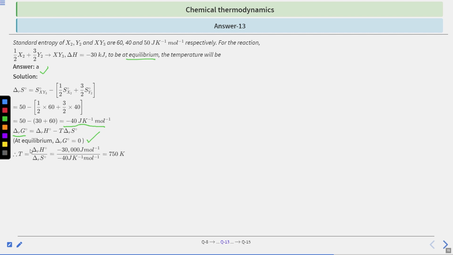So T will become del H naught upon del S naught. On putting the values, we have 30 kilojoule given in the question. So converting into joule, we have 30,000 joule mole inverse divided by 40 joule Kelvin inverse mole inverse. And T will be 750 Kelvin. Hence, option A is the correct answer.